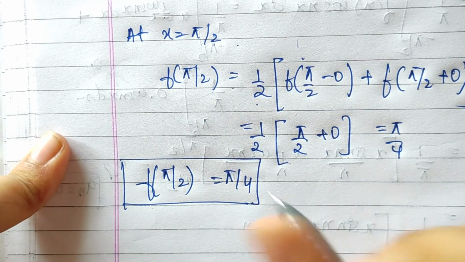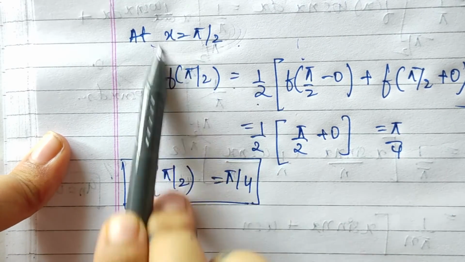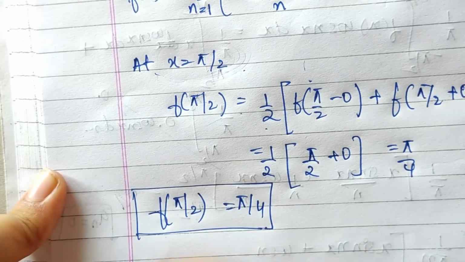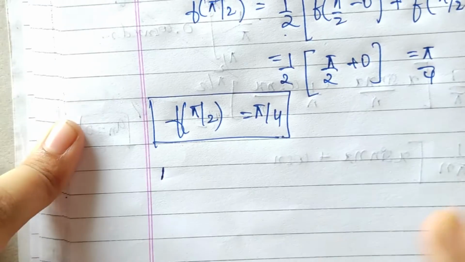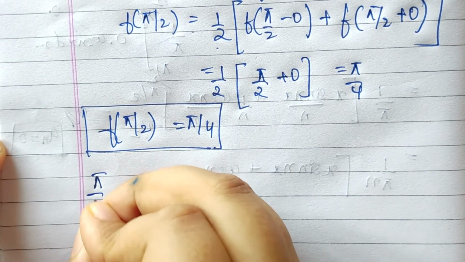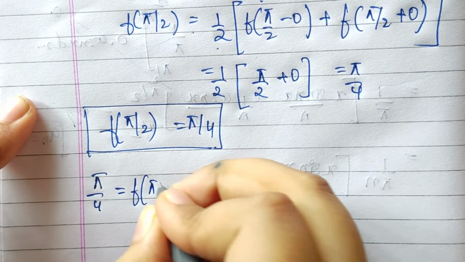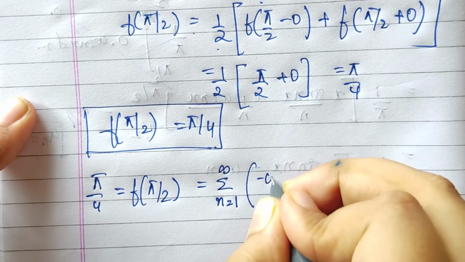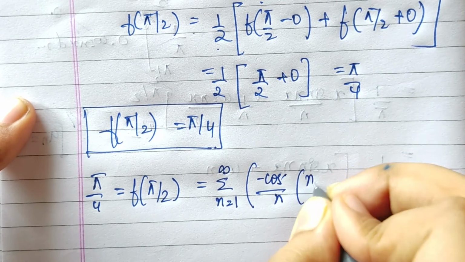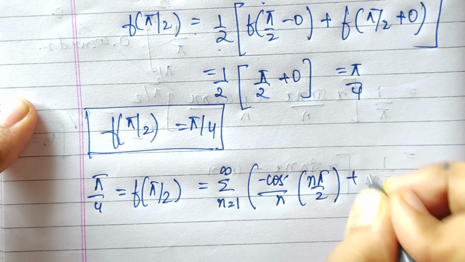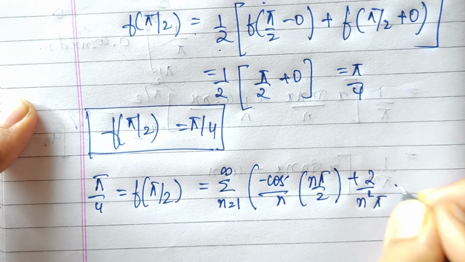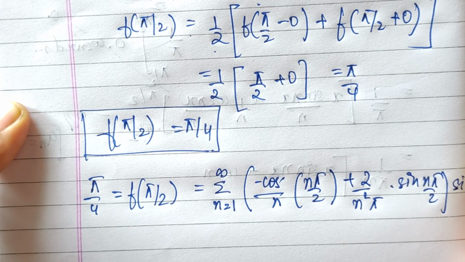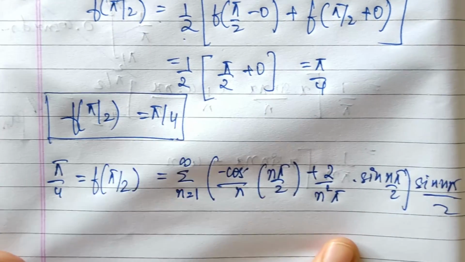This one we will keep it aside. Right? And now we will again substitute the point of discontinuity in the Fourier series that we have obtained over here. Okay? So we get pi by 4 is equal to f of pi by 2 is equal to summation of n is equal to 1 to infinity minus cos n pi by 2 by n plus 2 divided by n square pi into sine n pi by 2 into sine n pi by 2. Okay?